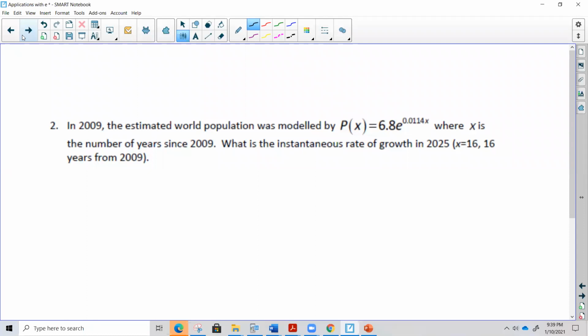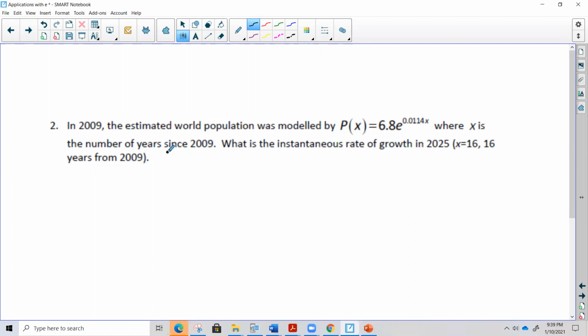Okay, so for one other application, in 2009, the estimated world population was modeled by P of x equals 6.8e to the 0.0114x, where x is the number of years since 2009. What is the instantaneous rate of growth in 2025?